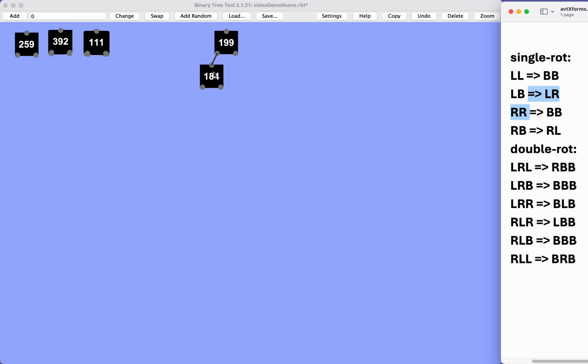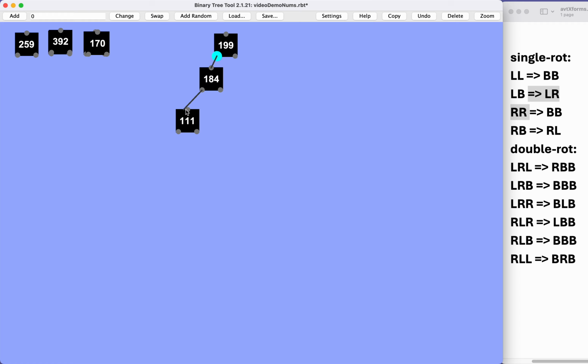Okay, so 184, it has grown, so 199 becomes left-leaning. 111. 184's left child has grown, becomes left-leaning. 199 sees 184 has grown, it becomes left-leaning. It needs to lean left more, but it's already leaning left. Therefore, we do the left-left rotation, which makes these balanced. Single rotation. There we go.